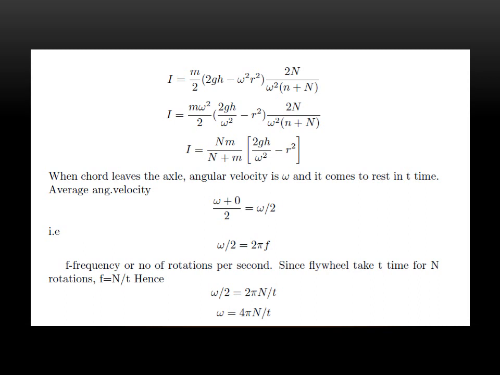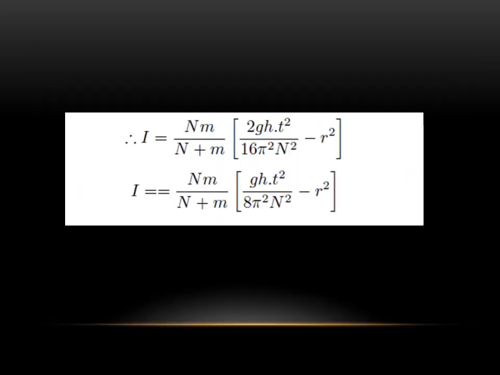So omega by 2 is equal to 2 pi N by t, or omega is equal to 4 pi N by t. Put this back for omega in the same expression, and you get the final expression for I as nm divided by N plus n, into gh t square by 8 pi square N square minus r square. So this is the expression for the moment of inertia of a flywheel. Thank you.